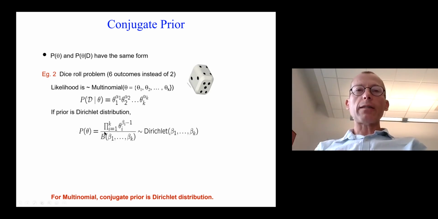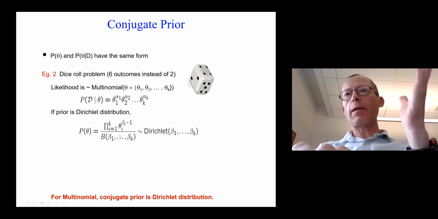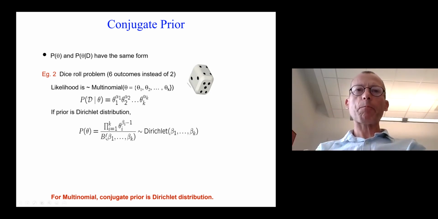This is called the Dirichlet distribution, and again, very similar. It's just a product of the priors on each of the different values divided by some normalization function that makes sure that this sums to 1, and every value is between 0 and 1.